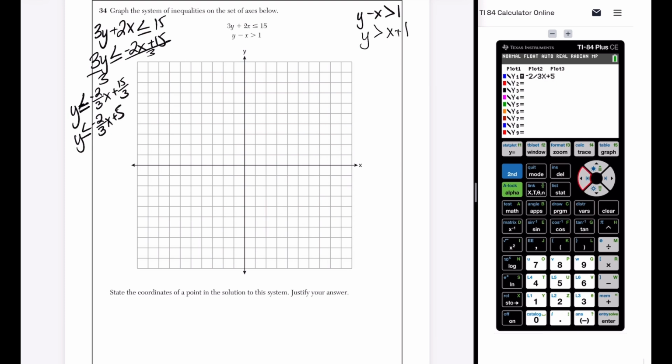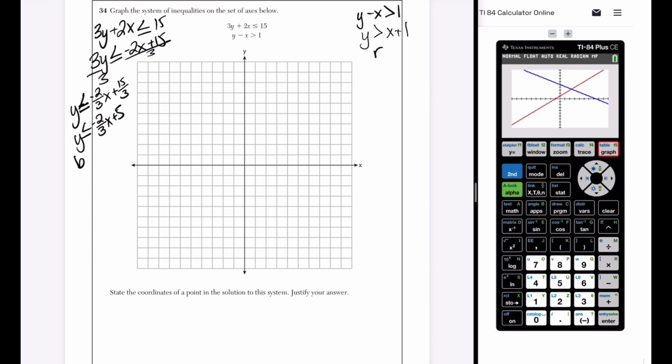And I want to put the 2/3 in parentheses, so 2 divided by 3, x, plus 5, and then on the bottom x plus 1. Now notice I'm leaving it as if they're just y equals for both of them, and I know that on this side is my blue, and this one's going to be my red. So let's graph them. Boom, here we go.